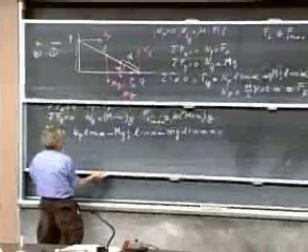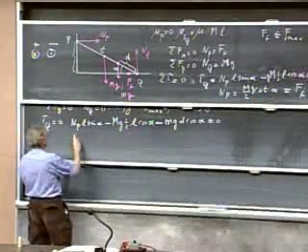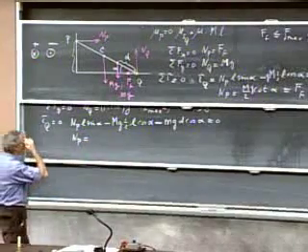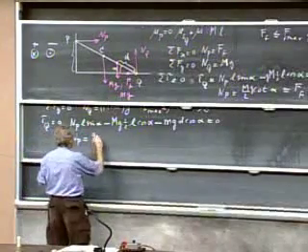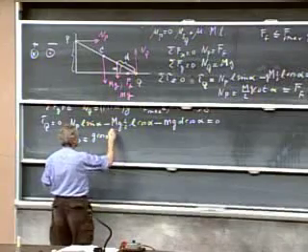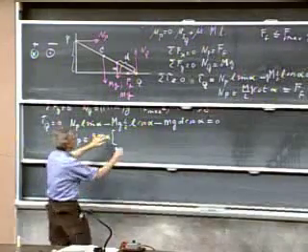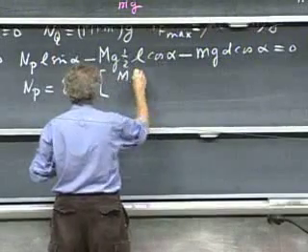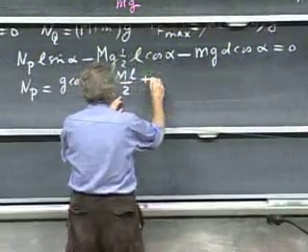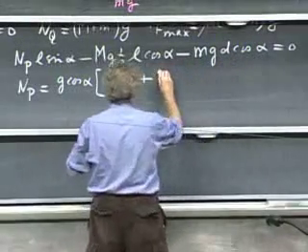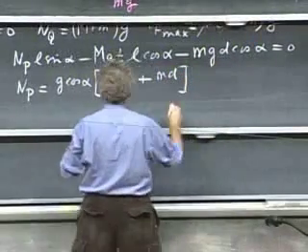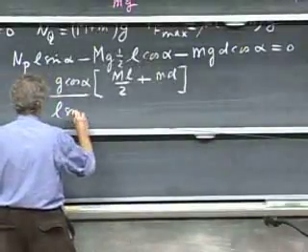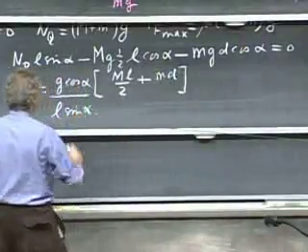So I'm going to take N of P out of here. I can take g cosine alpha out. So if I take g cosine alpha out, I have ML divided by 2 left over, plus little md. And then I have to divide by L sine, not theta, but alpha.